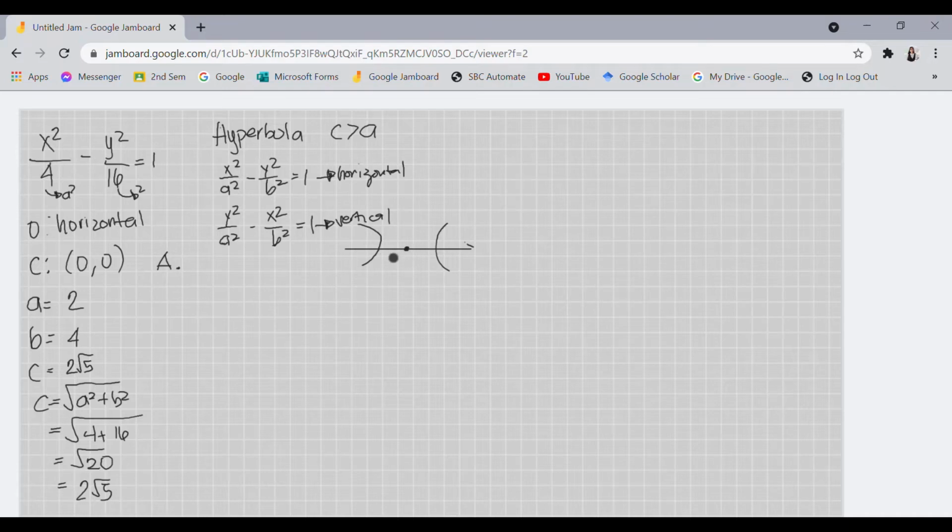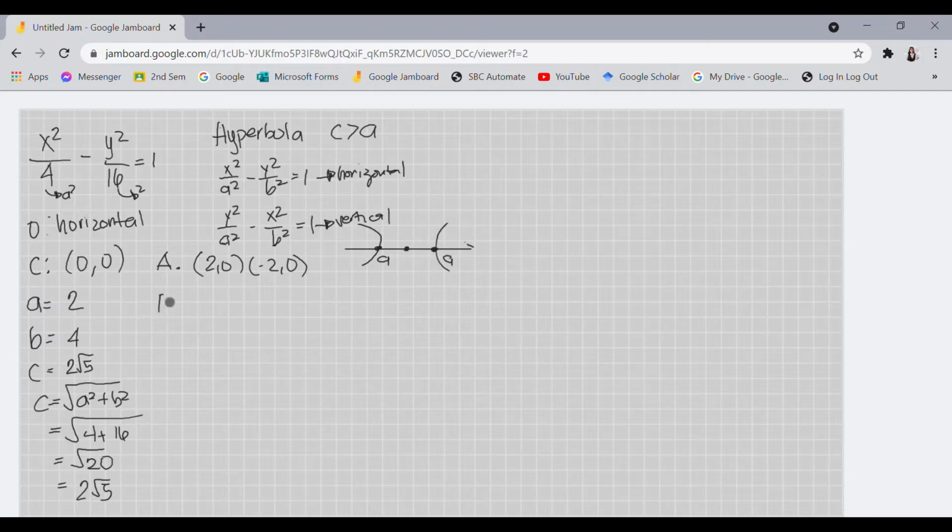So, from the center, going to A, ito yung A, vertex, that is a part of your hyperbola. We are moving to the left side and to the right side. So, from 0, 0, we'll have positive 2, 0 and negative 2, 0 as our vertices.